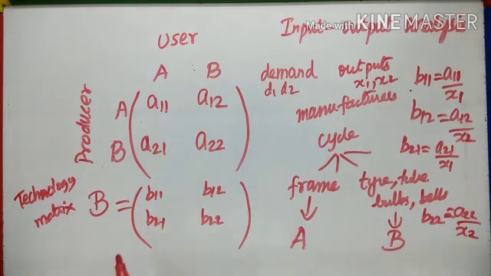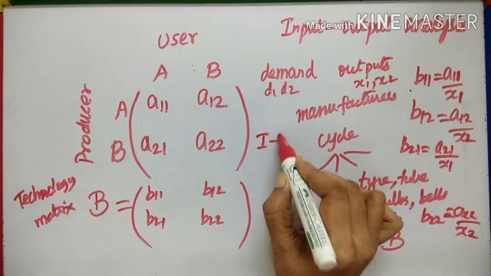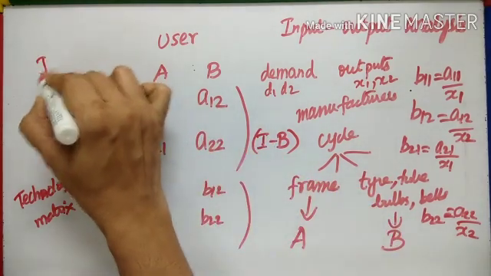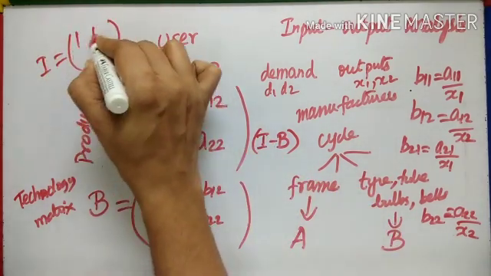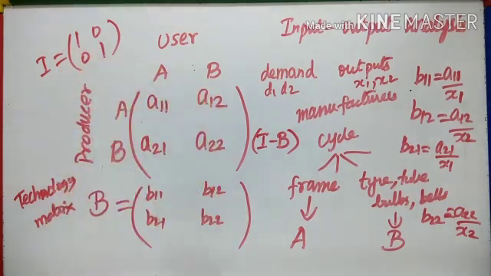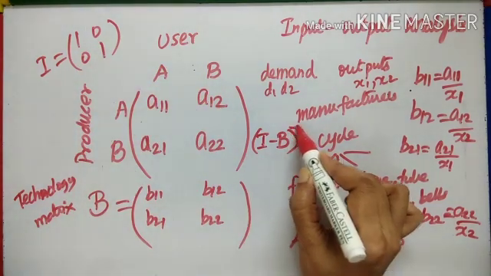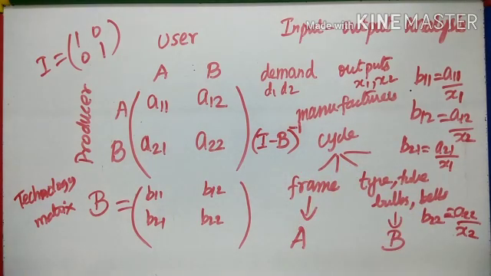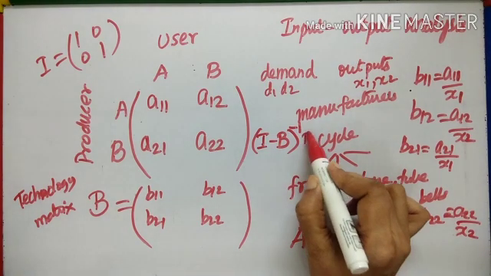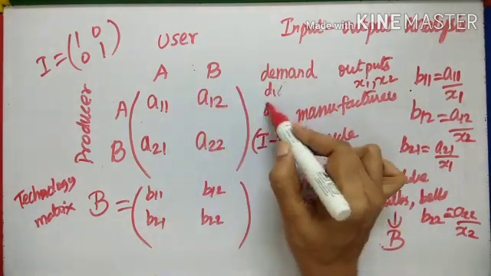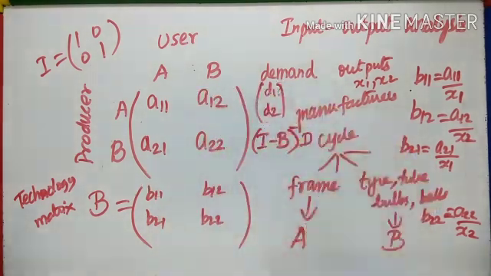So as I find out this B, find out I minus B. What is I? I we call the unit matrix of order 2: 1, 0, 0, 1. After finding I minus B, find out the inverse of it. Multiply with the demand matrix. The demand matrix we write in column, D1, D2.